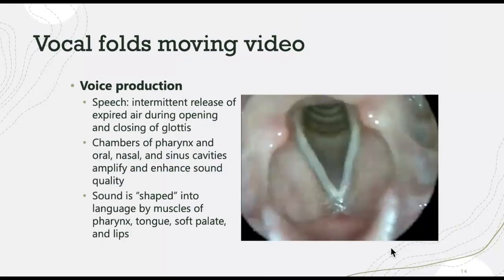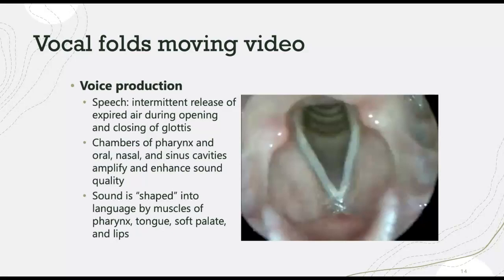Now for voice production, we know that our speech is going to be an intermittent release of expired air, meaning we're breathing out during the opening and closing of the glottis. The chambers of our pharynx, the oral cavity, our nasal cavity, and sinus cavities are going to help to amplify and enhance this sound.